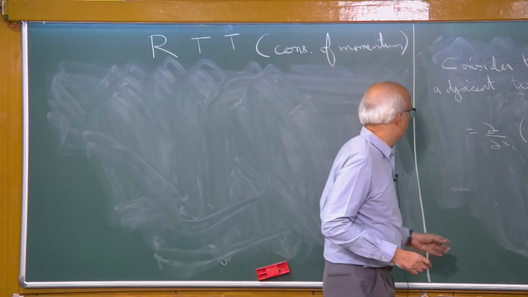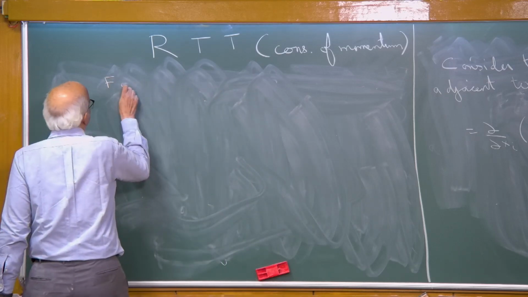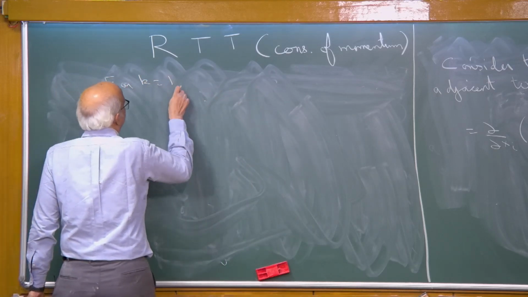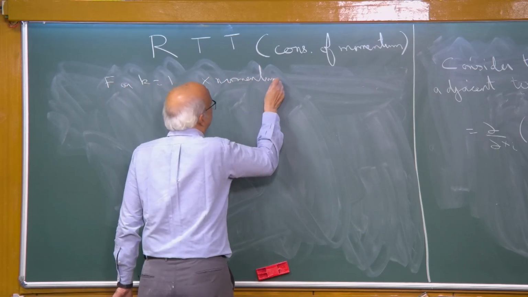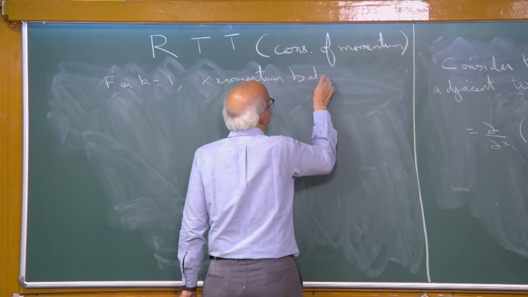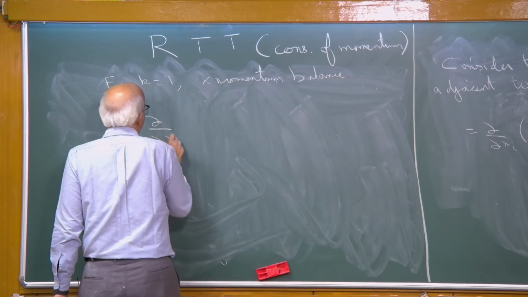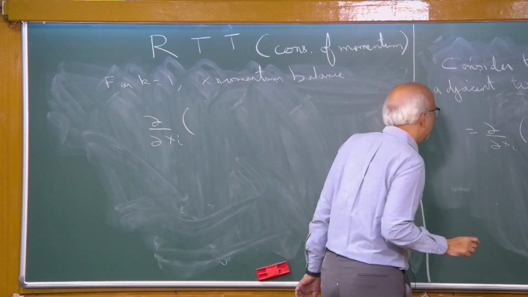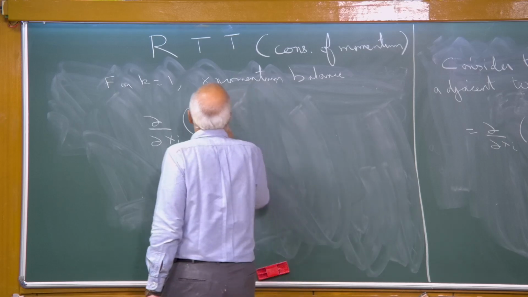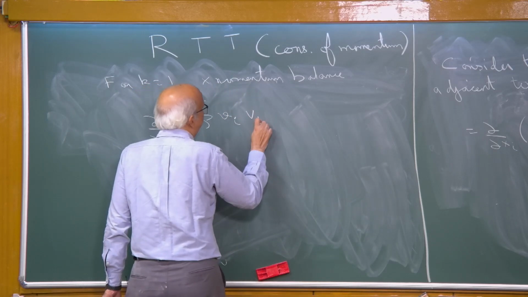So, now for k equal to 1, that is the x momentum balance, I have d by dxi of rho vi v1.